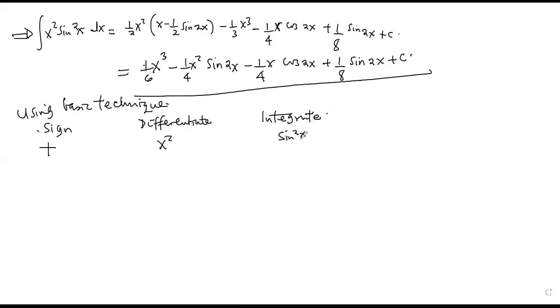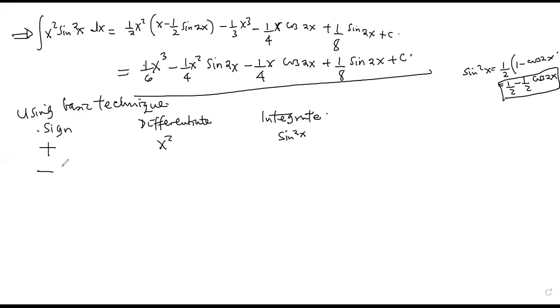Remember, we say that sine squared x is the same as a half into 1 minus cos 2x. So this is the same as a half minus a half cos 2x. You need to know that when we are integrating, let's consider this one, which is simplified.